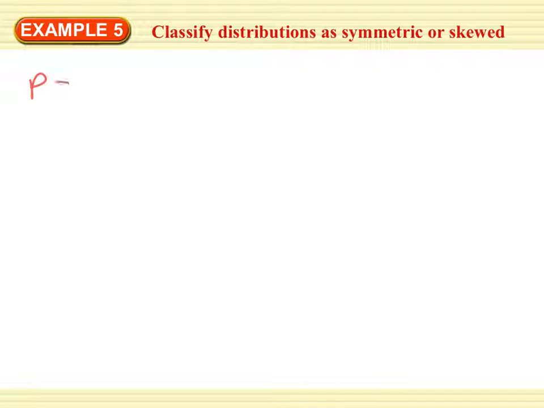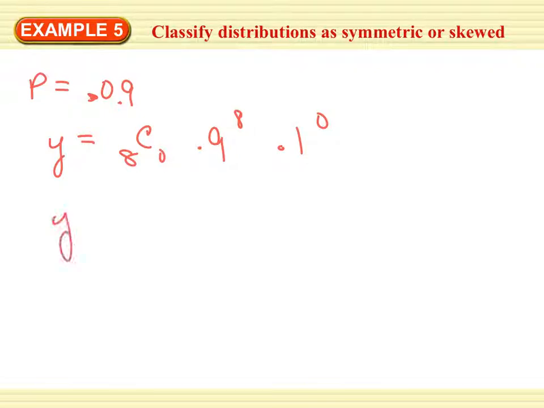For p equals 0.9, I'm going to change my y equals 8 to 0. Oh, not 0.09, 0.9. 0.9 to the 8th, 0.1 to the 0. My calculator is actually going to say y equals 8cx, 0.9.